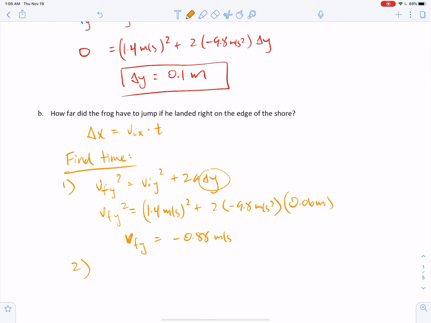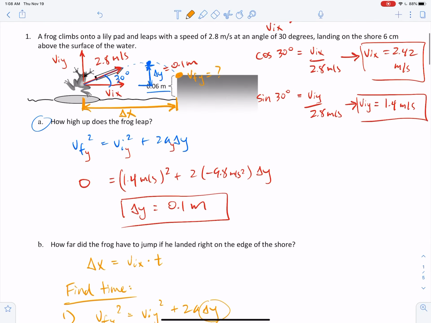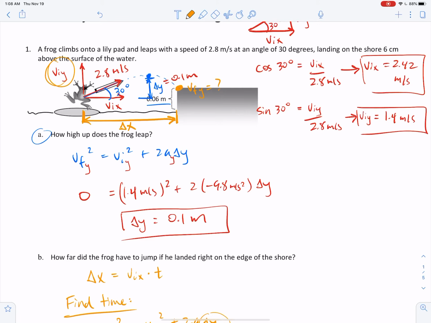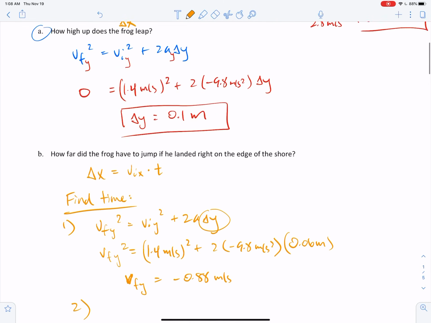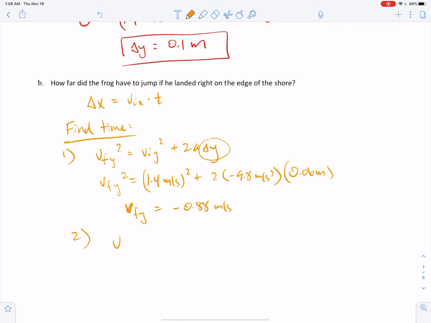And now that I know how fast the frog is going just when it hits the lily pad, I can figure out how much time it takes for the velocity to go from this initial vertical velocity to the vertical velocity at this moment. So the time is going to be found from this equation.